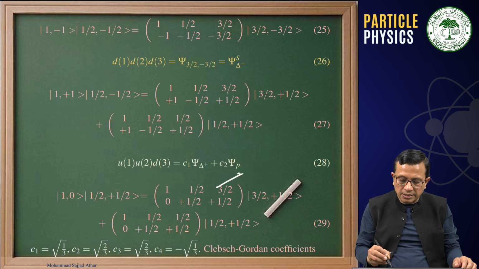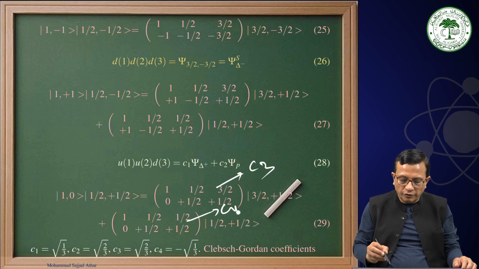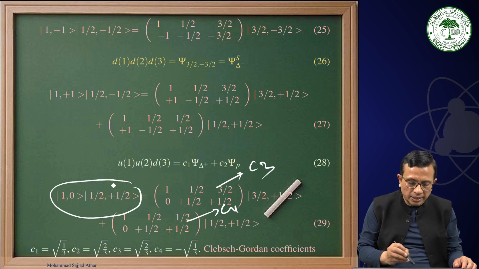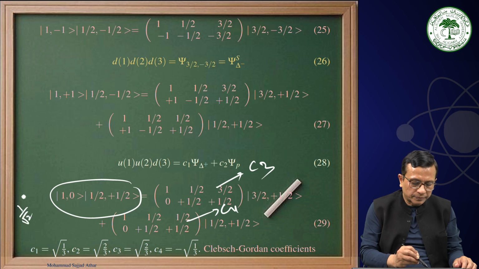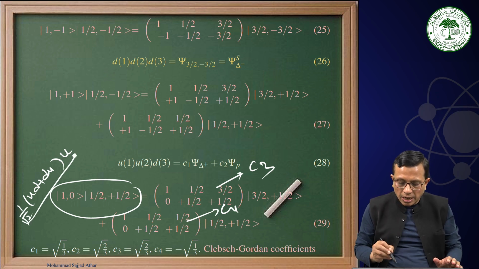And say this is C3, this is C4, and the values for C1, C2, C3, C4 are tabulated here, where we know that this guy is 1 by root 2 (UD + DU), and then half, +half means U. Therefore, the left hand side is known, and on the right hand side we know C3 and C4.